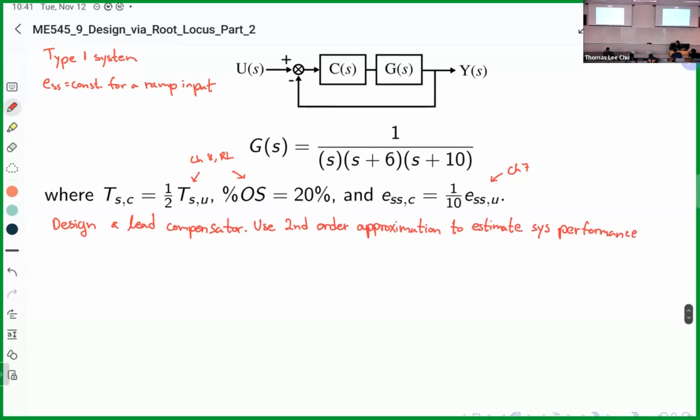It's nothing new, we've always used second order approximation for our PI or PD controller design, and it's the same with the lead compensator design.